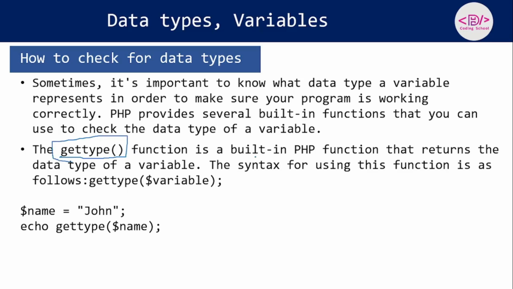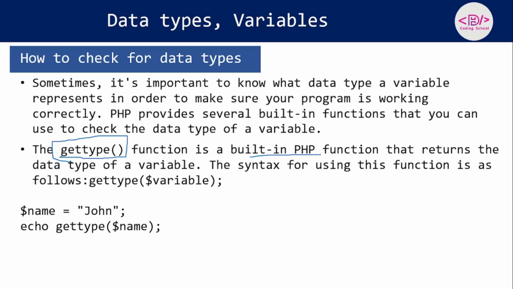The gettype function is a built-in PHP function that returns the data type of a variable. Just know the purpose of this function is to tell us which data type is stored in a variable, like name is equal to John. How do I know the data type of this variable?